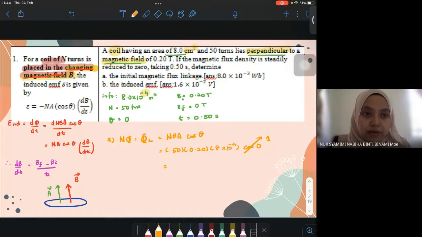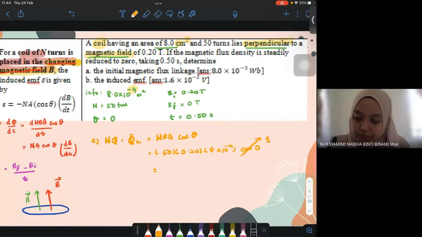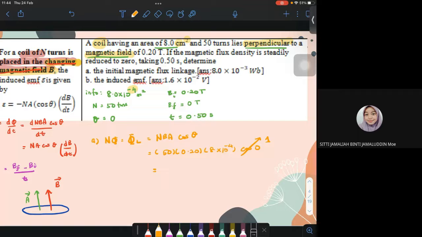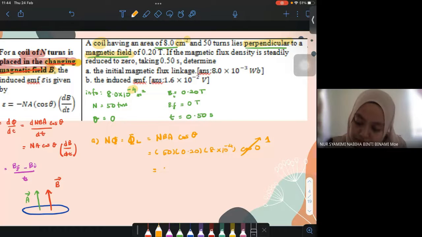What is my flux linkage? 8.0 exponent negative 3 and the unit for flux is Weber. Okay, right. So that's good for A.